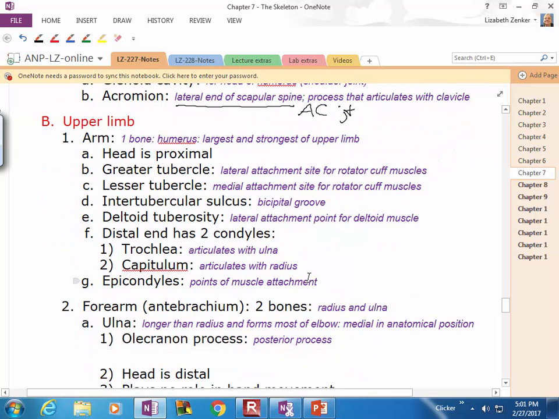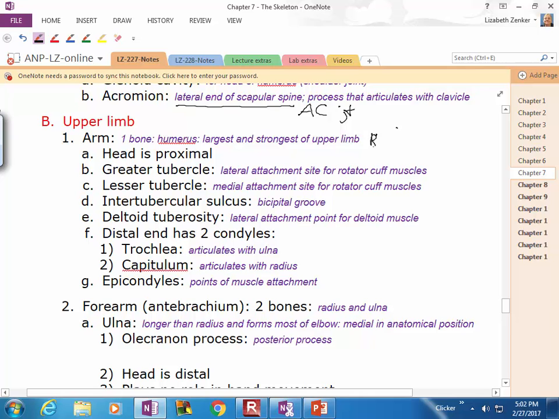When we look at the upper limb, so another name for the arm, so just from shoulder to elbow area, what's another name for that? The technical name? No? The technical name for that region? No? No? Brachium.